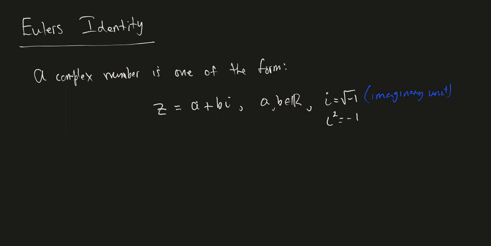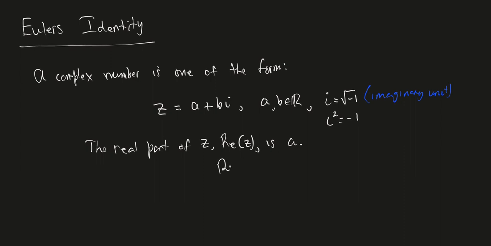And so the term that doesn't have an i is defined as the real part of the complex number, and the coefficient of your i, the b here, is referred to as the imaginary part. So the real part of z, usually denoted like this, Re of z, is defined to be a.